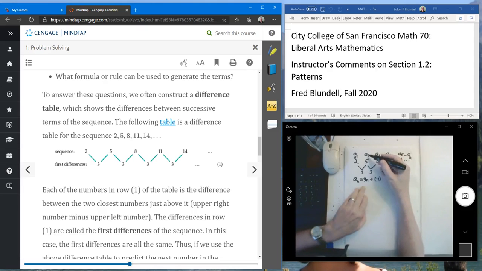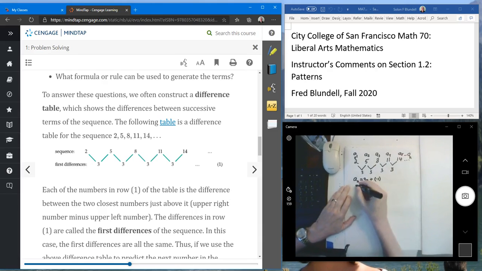Let's see if it still works. If n is 2, we get 3 times 2, that's 6, plus the -1 is 5. And then when you get to 8, if n is 3, 3 times 3 is 9, plus the -1 is 8. So it's matching, and so we say, okay, an is 3n minus 1.